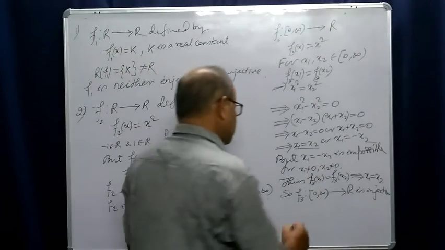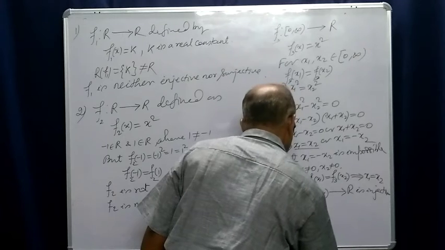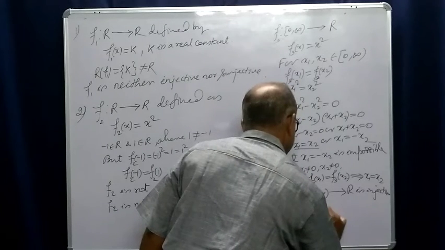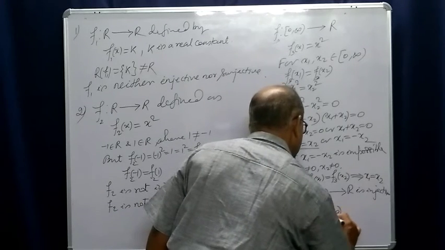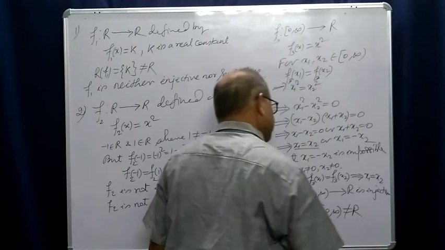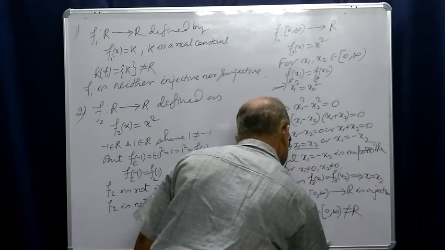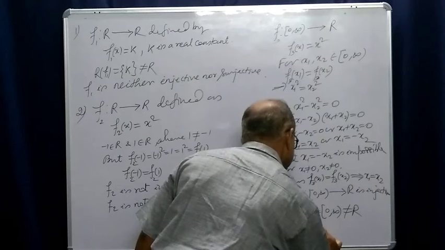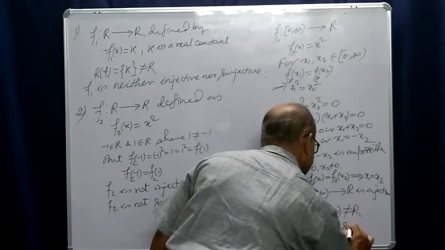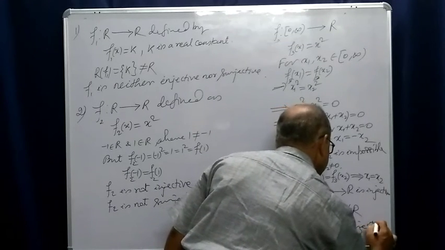Why? Because the range of f3 is 0 to infinity, which is not equal to R. So f3 is not surjective, right?